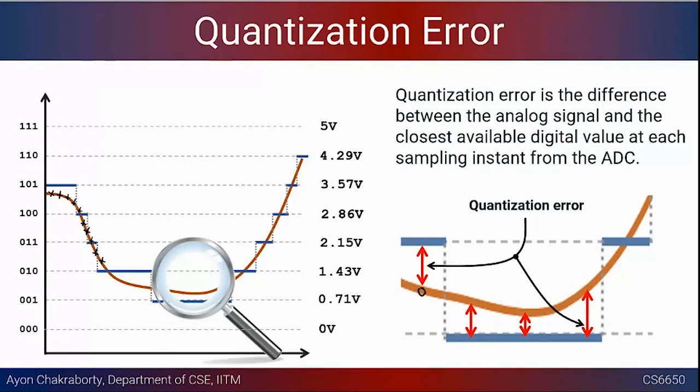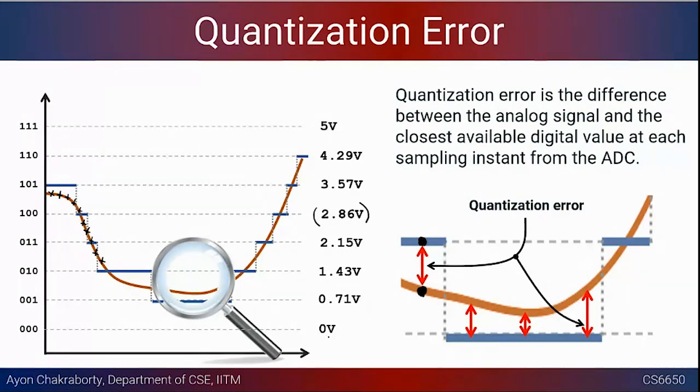Suppose this is the actual value, and this is the coded value. So this could correspond to some voltage level, right? So 101 means some voltage. On the right hand side you can see that this particular code, let's say 100, means 2.86 volts. So there is a mapping that is done dependent on the full scale.